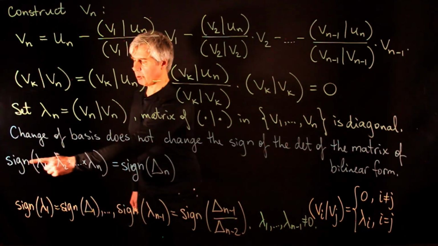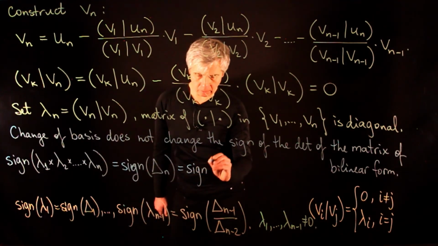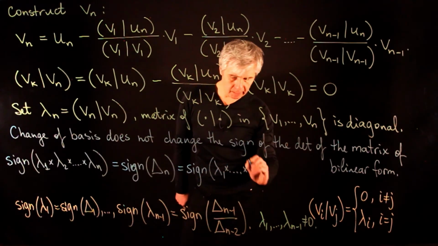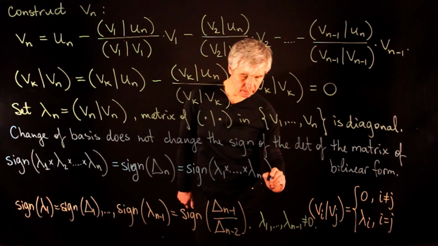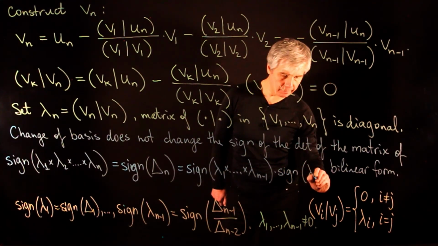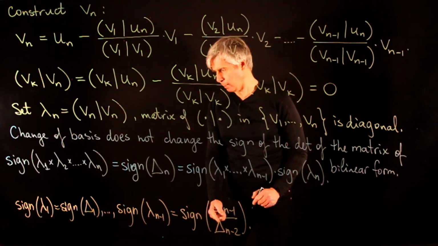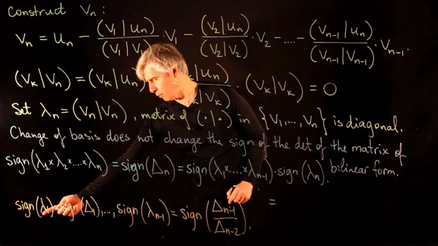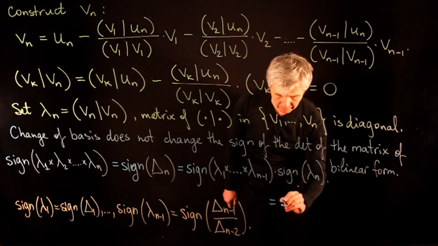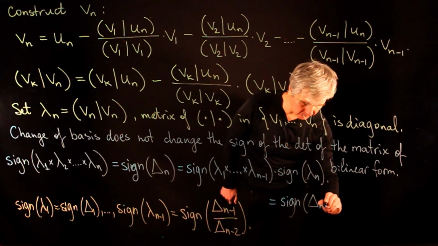Now let us separate the left-hand side as the product of the signs of lambda 1 through lambda n minus 1 times the sign of lambda n. And then by the induction assumption, if we multiply the first n minus 1 signs, this simply becomes the sign of delta n minus 1.